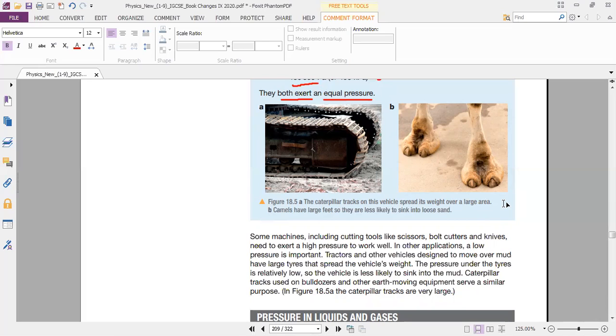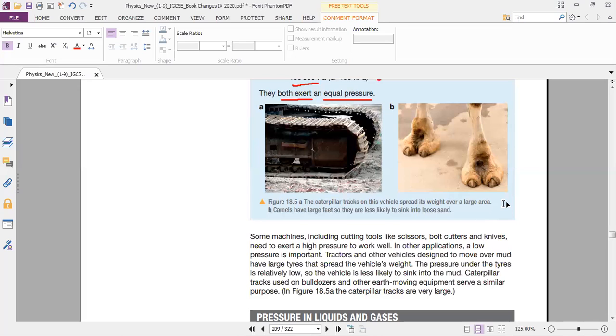Then when we cut something using cutting tools like scissors, bolt cutters, knives, we need to put high pressure. We put high pressure using very sharp knives because they have very small area. The force we put and the pressure becomes high because of very small area.